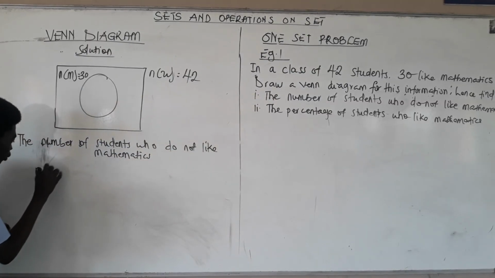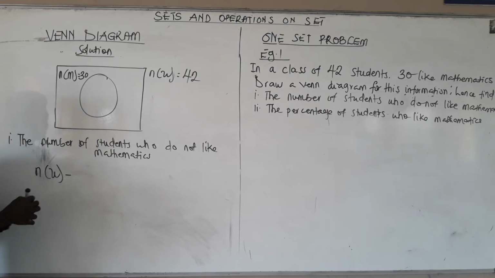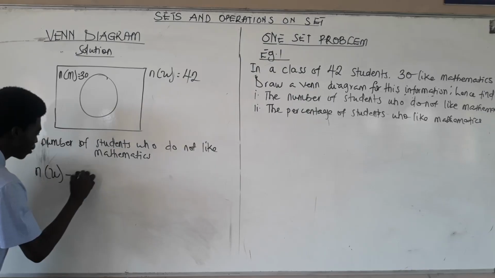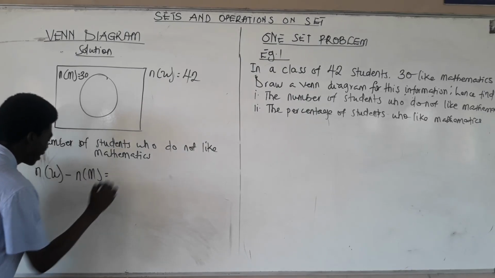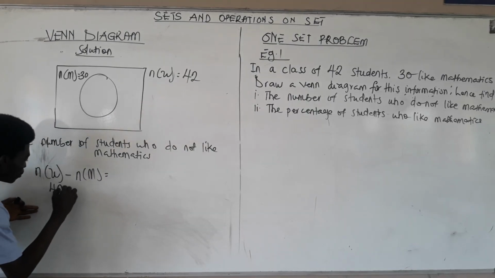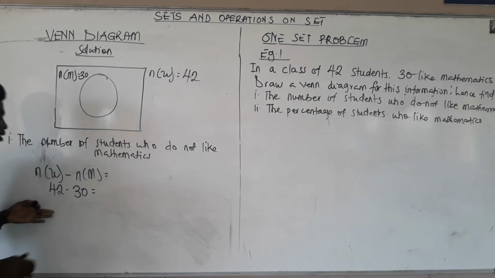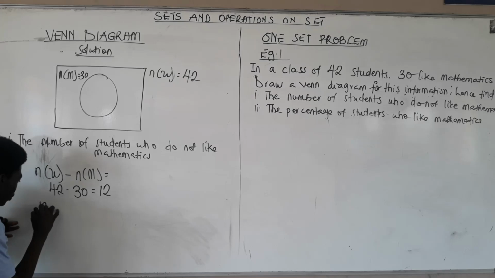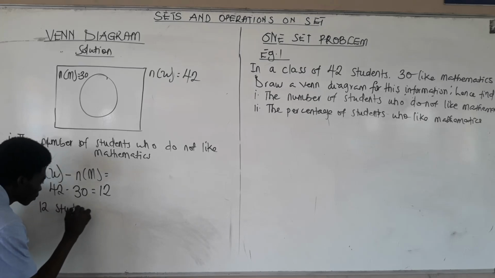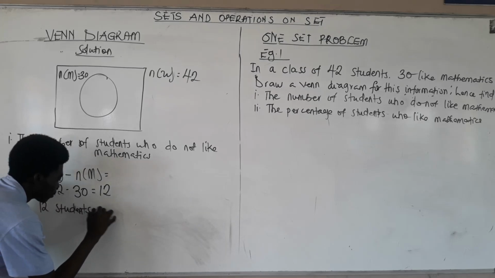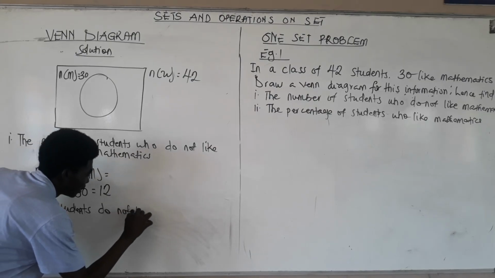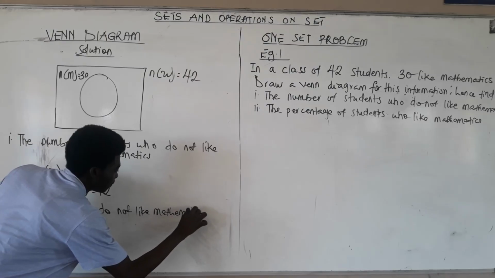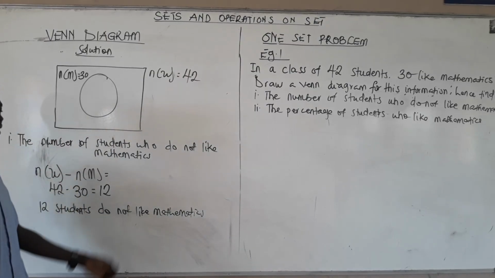So we say n of U minus the number of students who like mathematics, that is n. That is 42 minus 30, and that gives us 12. So we say 12 students do not like mathematics.